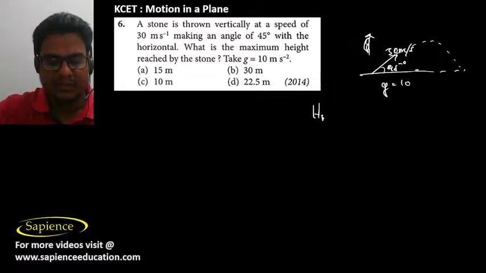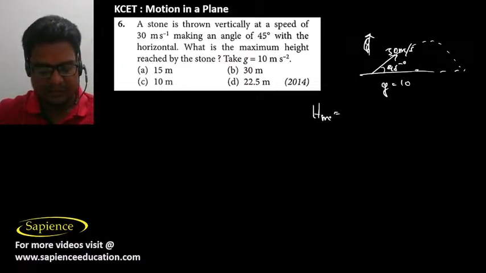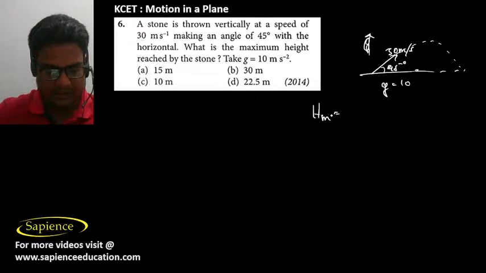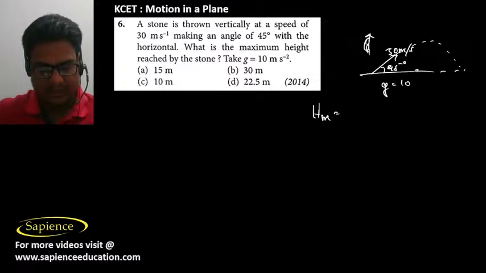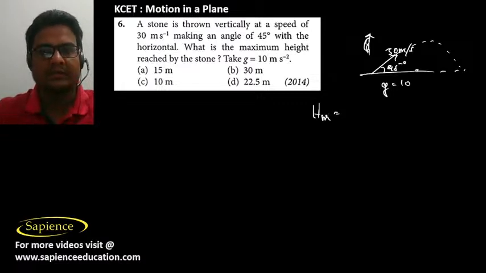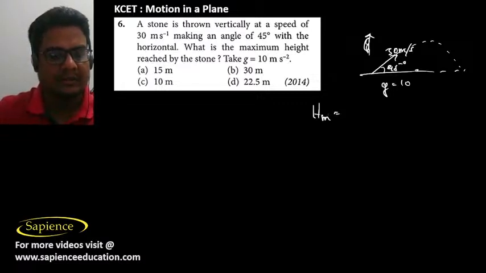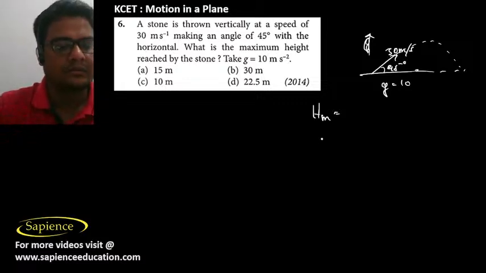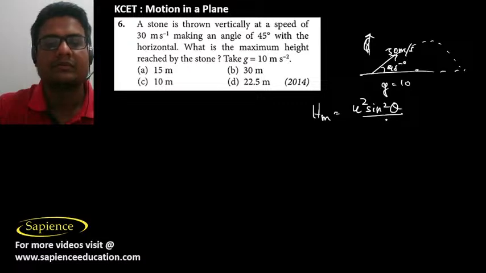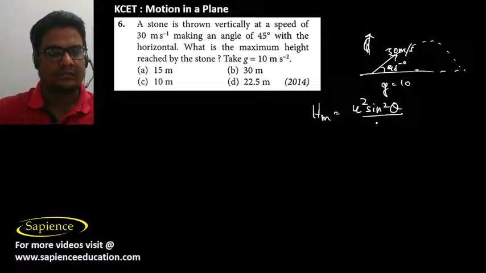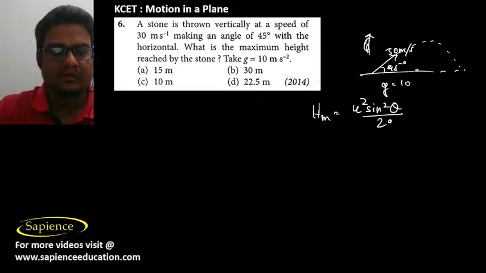So we know that the maximum height is given as U square sine square theta by 2g.